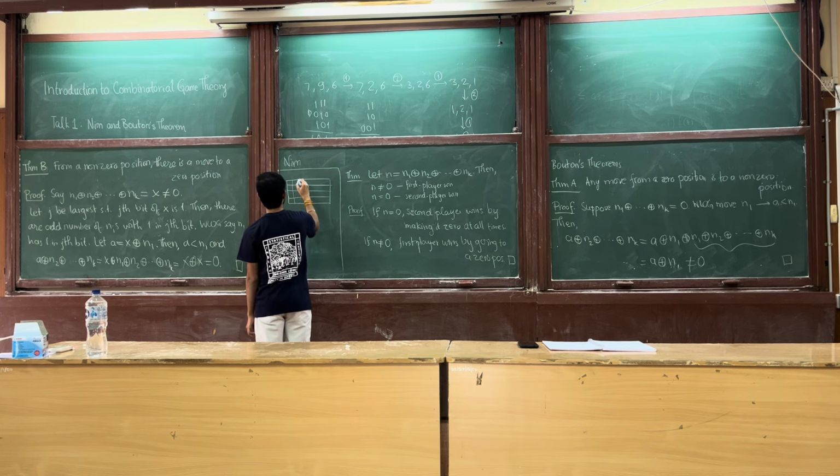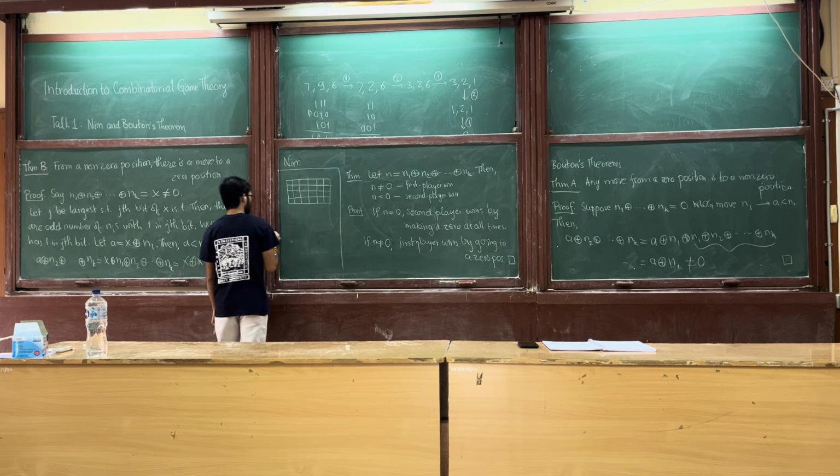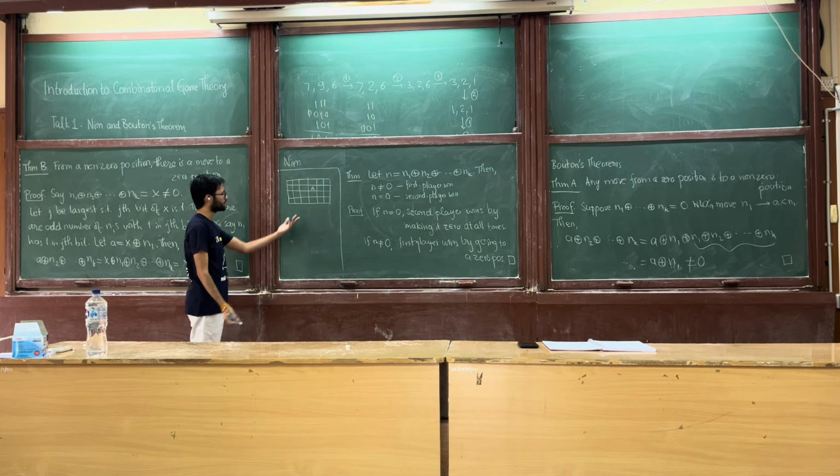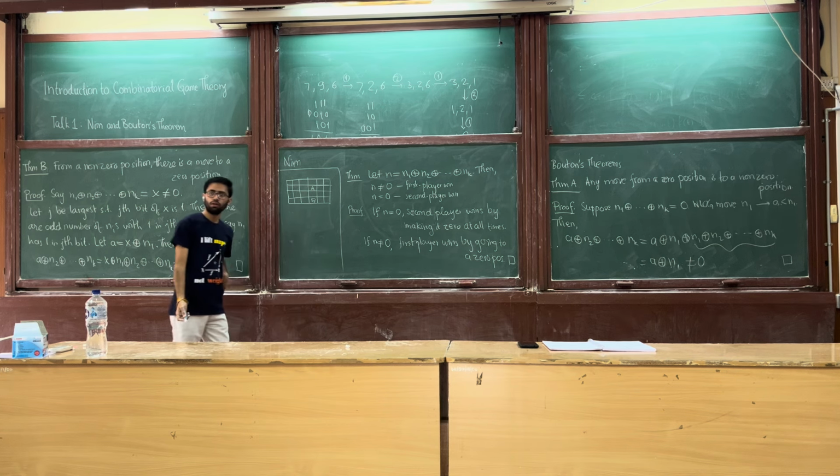Say you have a grid, and you have two players A and B. Both of them have pieces on this grid. So let's say A has that piece there and B has that piece there.